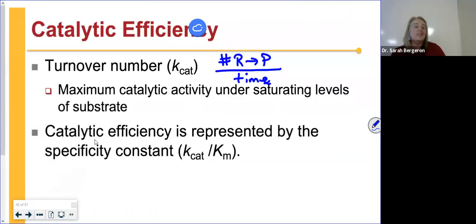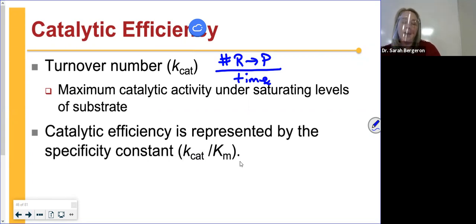So what we really need to know is not just the turnover number, but one characteristic that's going to encompass everything, and that's the catalytic efficiency. Catalytic efficiency is the combination of that turnover number, how many you can make, and how easy it is to bind, right? So tell me about Kcat.